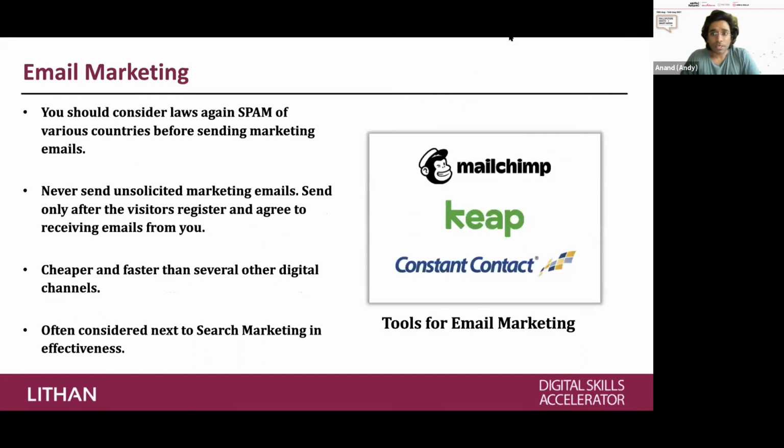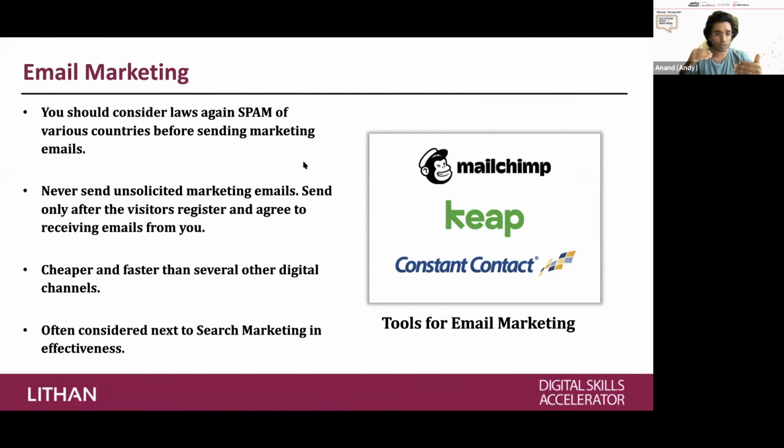So these are different tools. Again, it's not the entire list, just some of the tools that are out there that will help you with email marketing. They generally call them autoresponders as well. The whole idea, the reason why they're called autoresponders, is because you can create an email sequence.